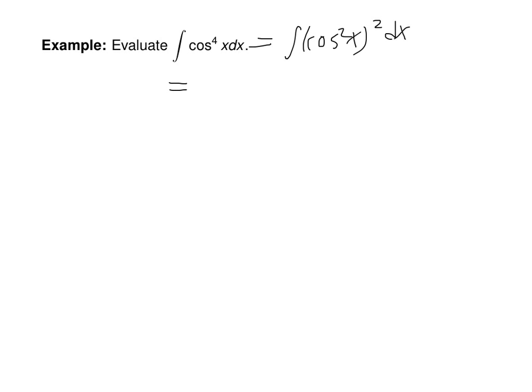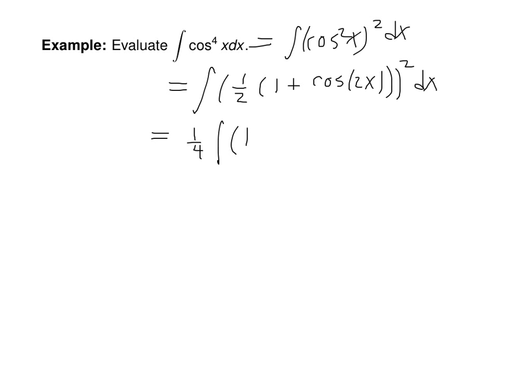And the half-angle identity says that cosine squared x is equal to 1/2 times the quantity 1 plus cosine of 2x, all squared. And now expand. So 1/2 squared is 1/4, the integral of 1 plus 2 cosine of 2x plus cosine squared of 2x.